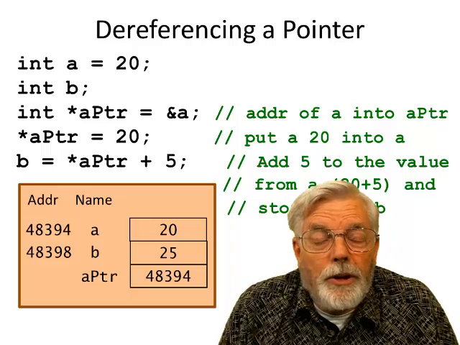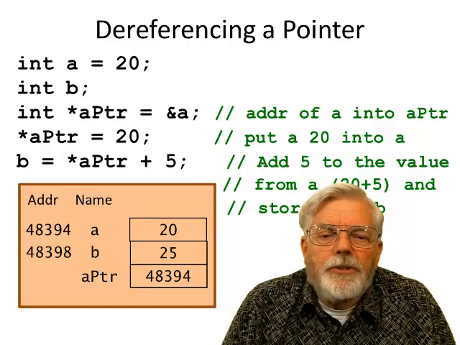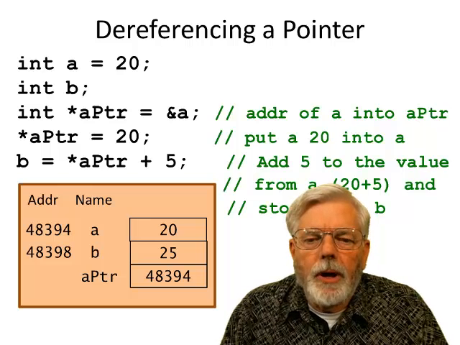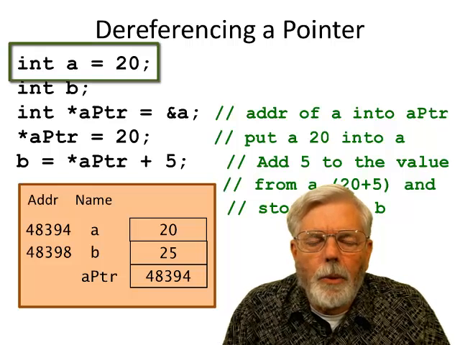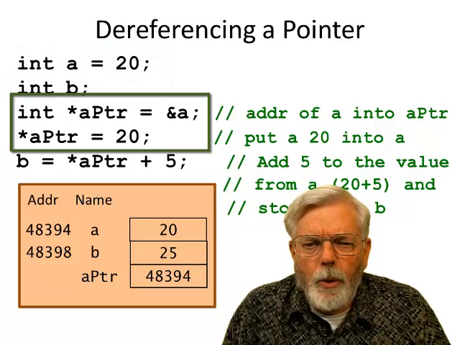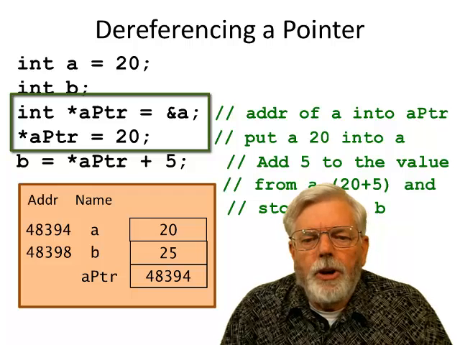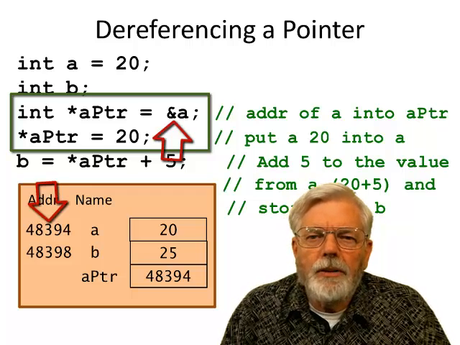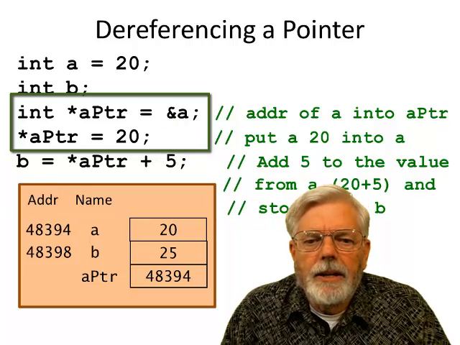How do we use pointers? It's called dereferencing. This code shows 2 different ways to put a 20 into memory location A. One way is to say A equals 20. Another one is using a pointer. So int star A PTR creates a pointer. I'm setting that to the address of location A. Then star A PTR equals 20.